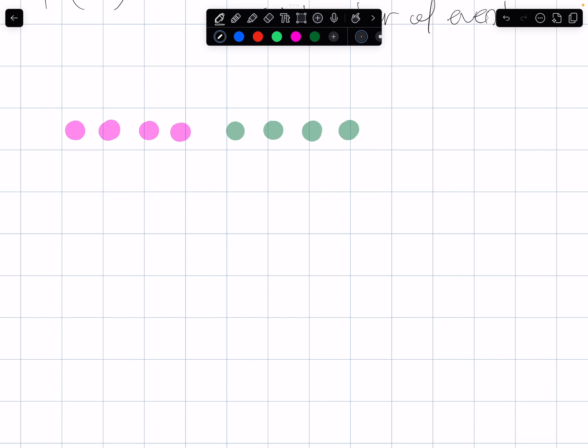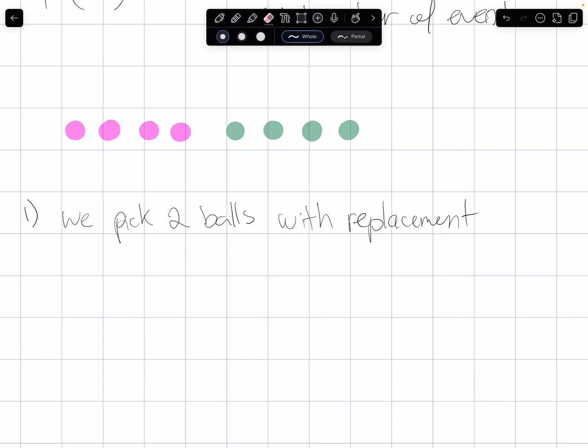The first game that we're going to play is we pick two balls with replacement. What that means is if I take a pink ball, then before I take the green ball, I need to add my pink ball back.